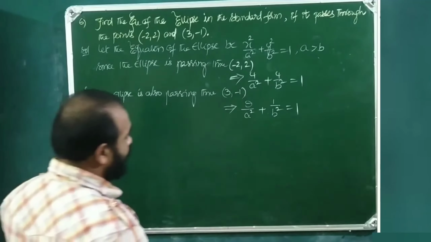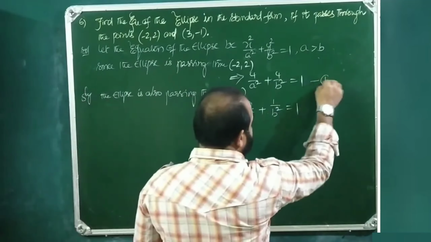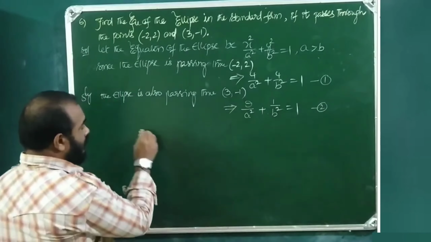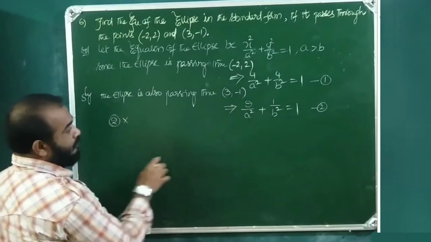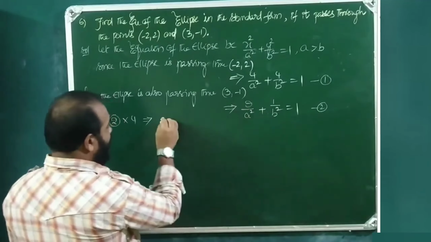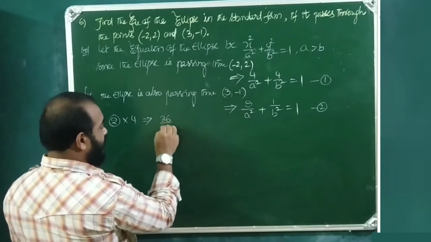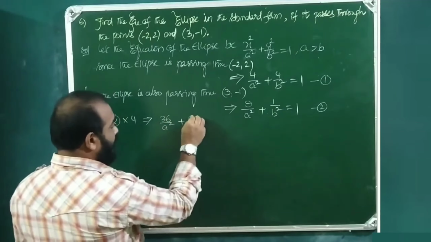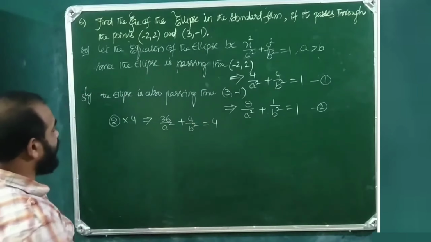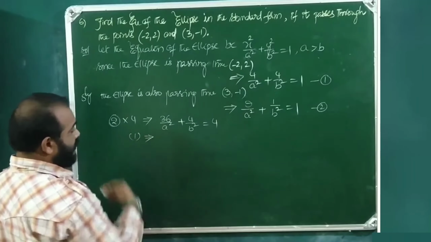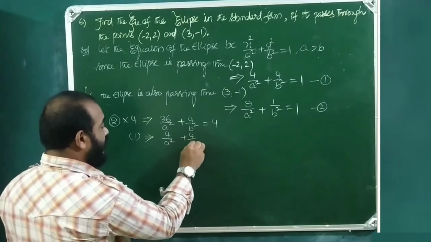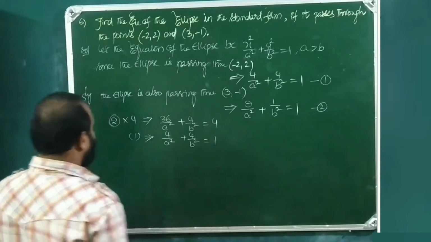So this is 1 and this is 2. Now solving these two. So second equation, I will multiply this with the 4. Then 4 nines are 36 by a square plus 4 by b square is equals to 4. And the first equation is 4 by a square plus 4 by b square is equals to 1.